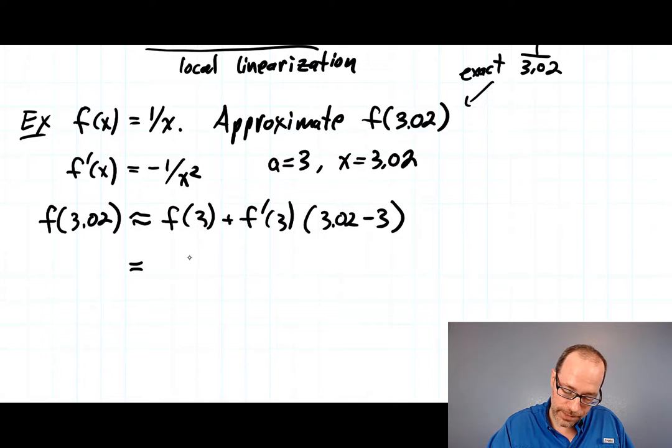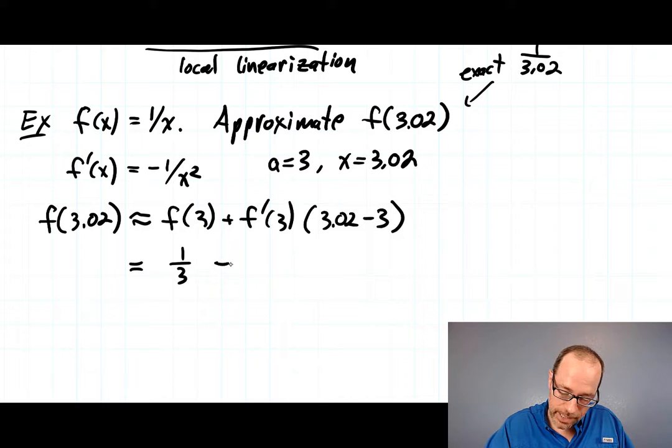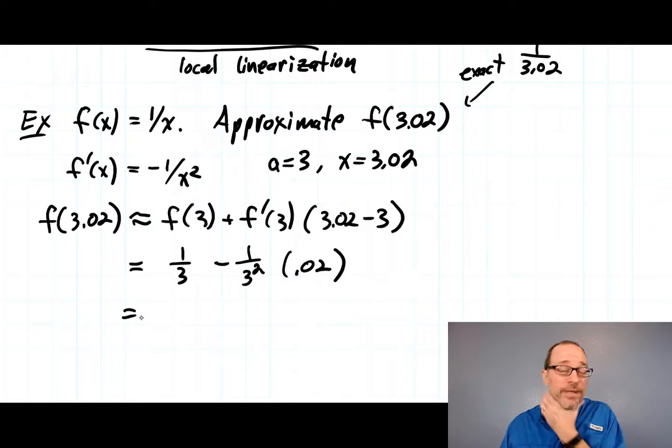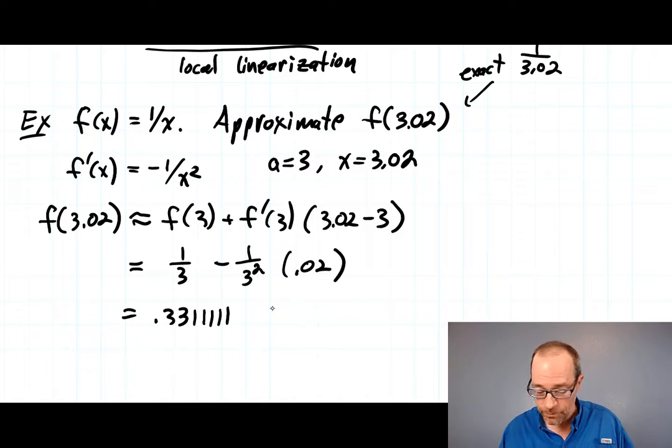So here we get 1 over 3. The derivative is minus 1 over x squared, so 3 squared. And then we have a 0.02. All right, you can do this by hand, or you can put it on a calculator, and the answer is 0.331111, as many ones as you want. All right, so that's the approximation.